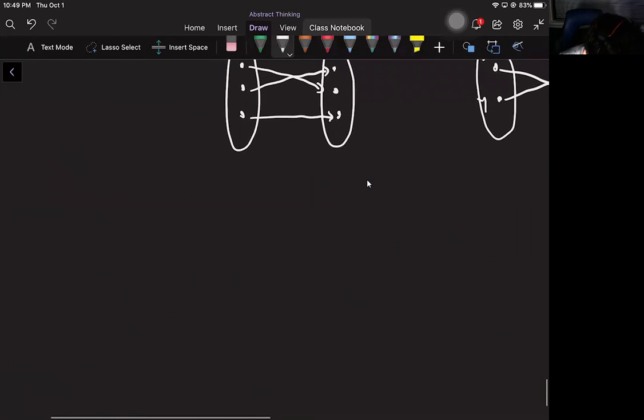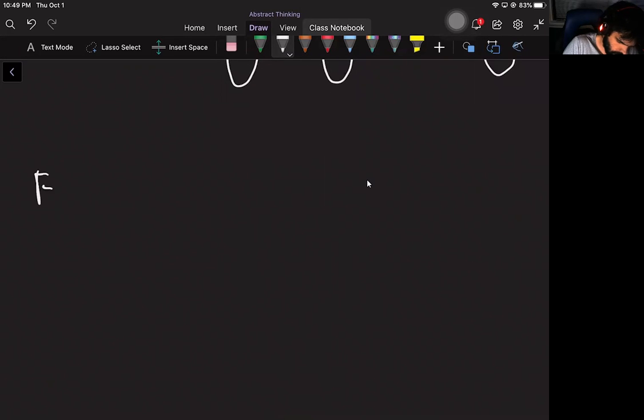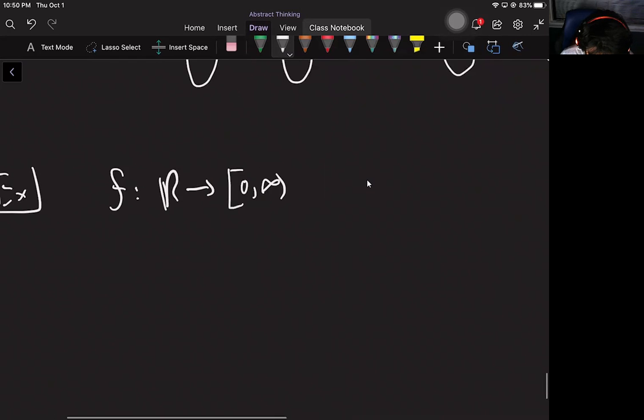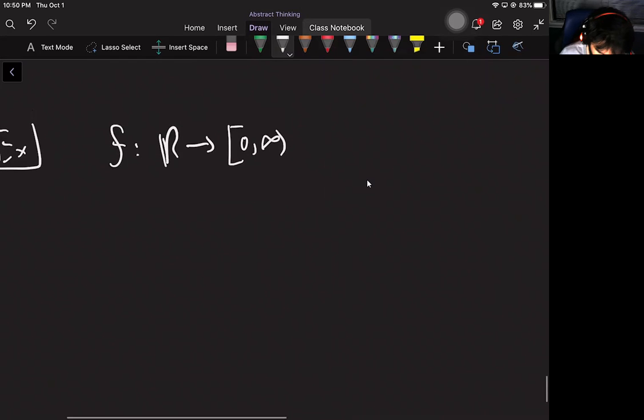Okay, so let's think about more functions real quick. So how about this function? f from R to, instead of R, I'm going to use this interval notation. So interval notation actually just describes a set in a very quick way.